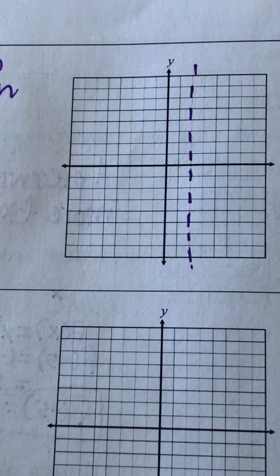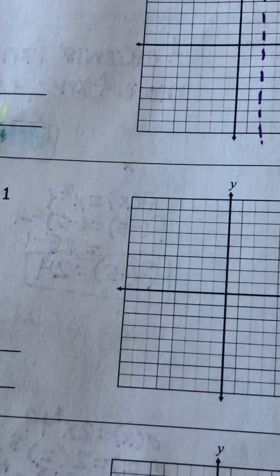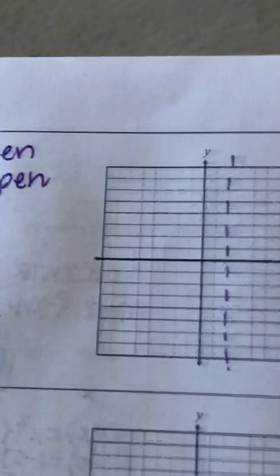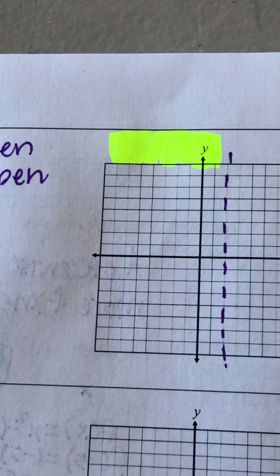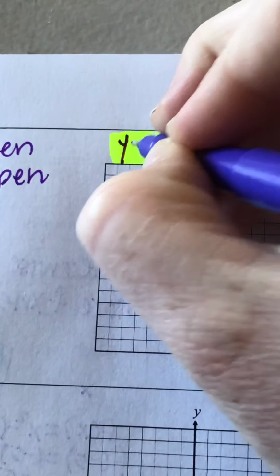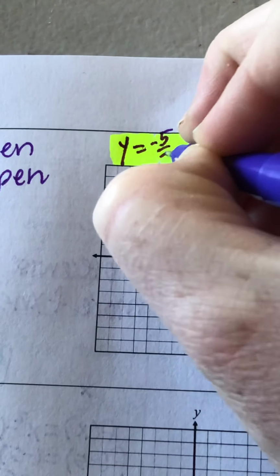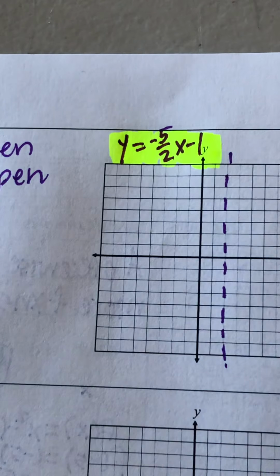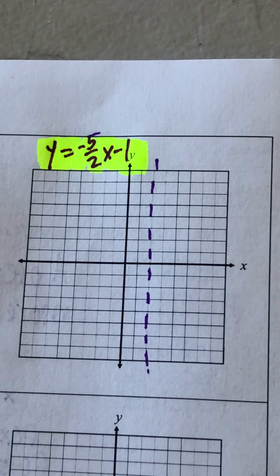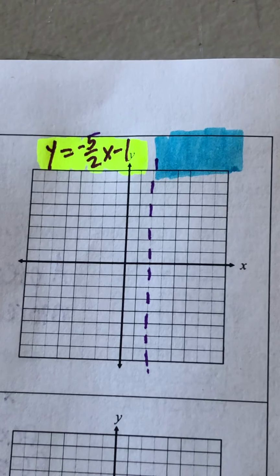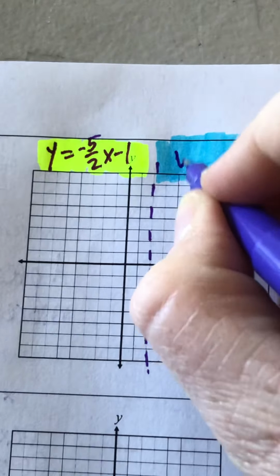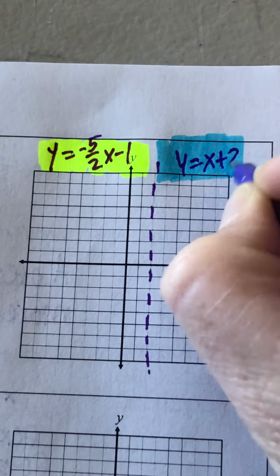And then on the less than 2 side, I'm going to be graphing y equals -5/2 x minus 1. Okay, and on the right side, I'm going to be graphing y equals x plus 2.